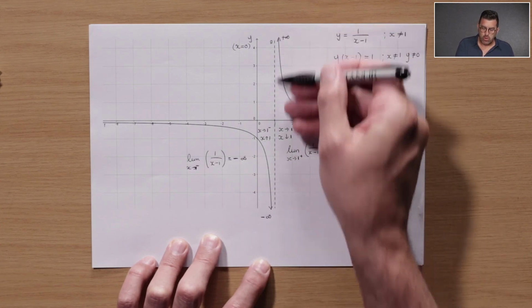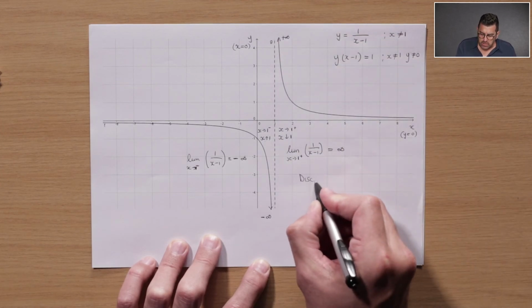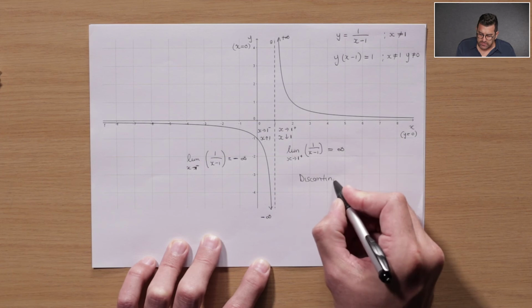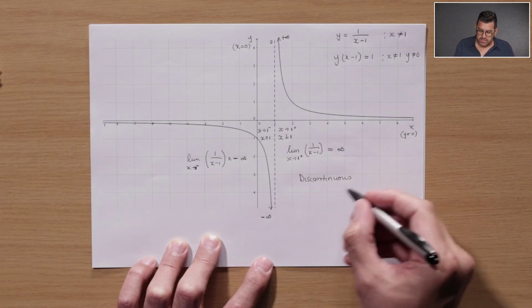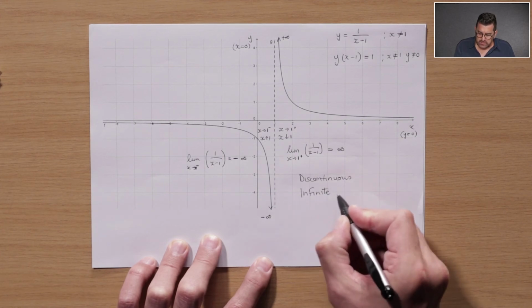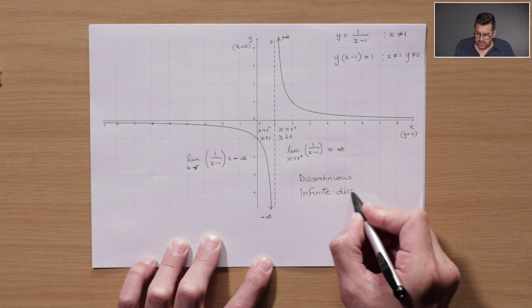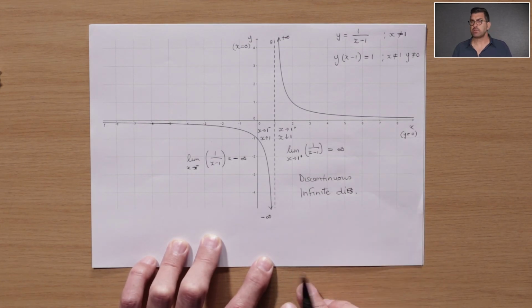And we're going to call this a discontinuous function. Okay, and what type of discontinuity do we have here? We have infinite discontinuity. And I'm going to write it as DIS to represent the word discontinuity.